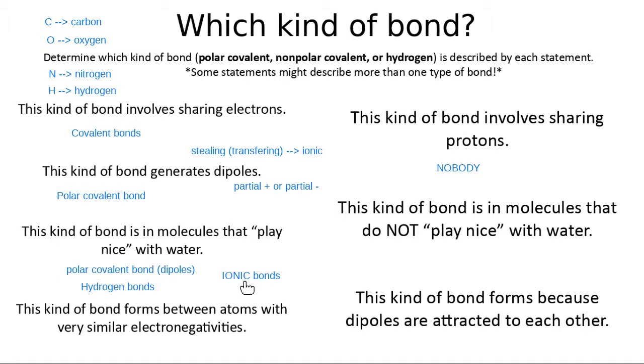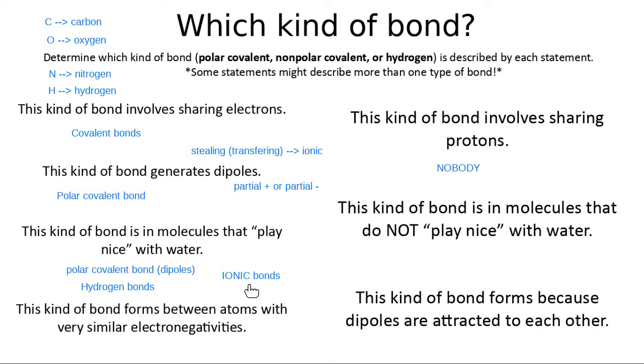Because remember, the only thing that keeps ionic bonds together is you're negative and I'm positive. So let's hook up. Let's be attracted to each other. If you put in something else with a positive and a negative, like water, this kind of bond completely falls apart.